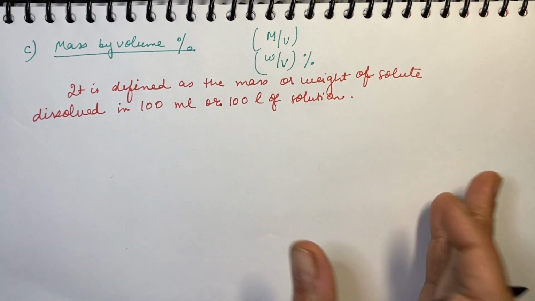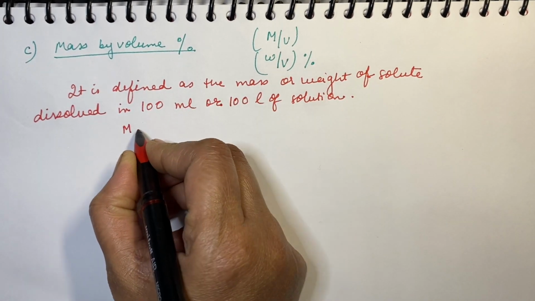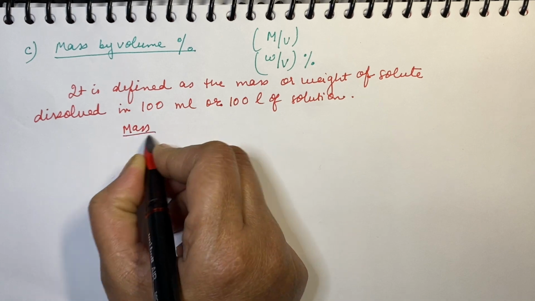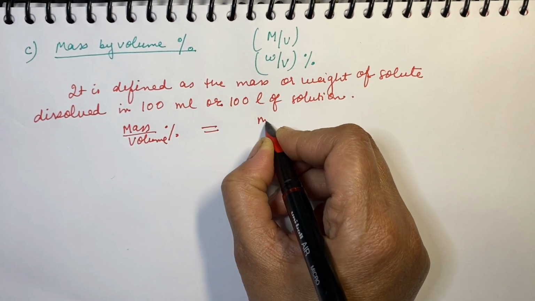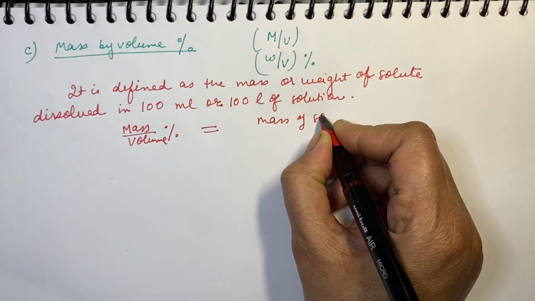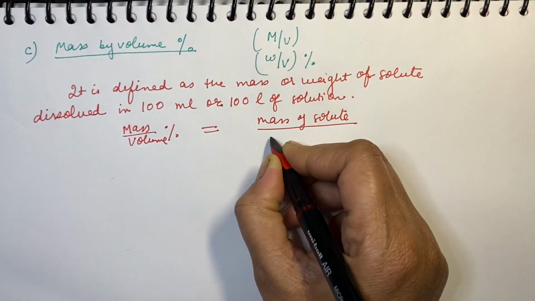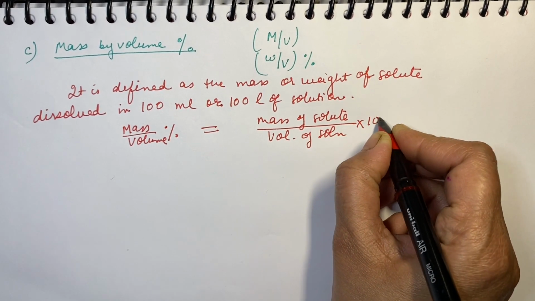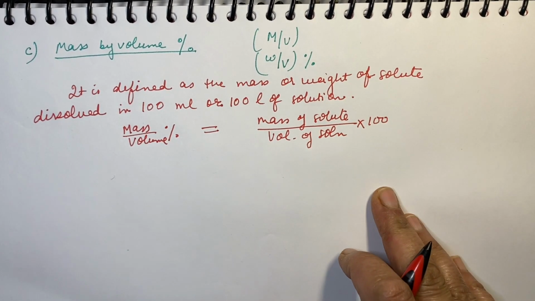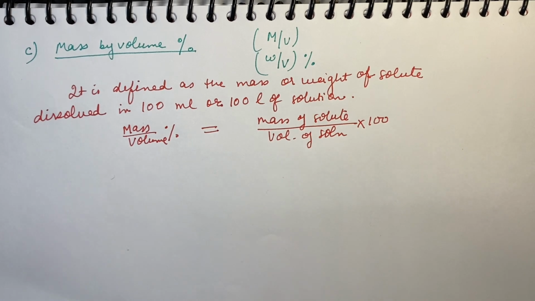So mass by volume percent is equal to mass of solute divided by volume of solution multiplied by 100. This will give you the mass by volume percent.